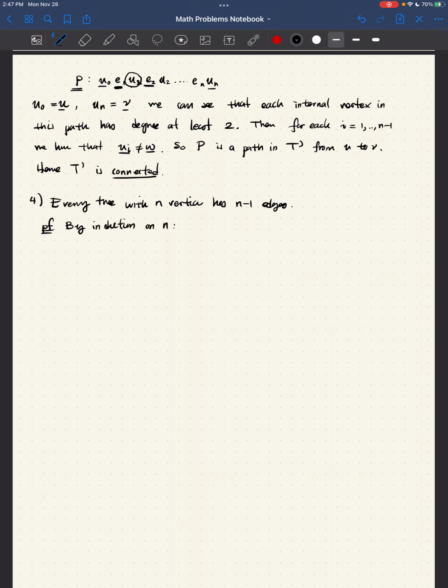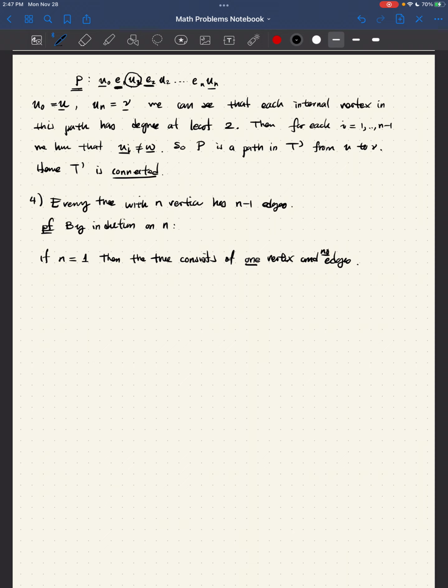So we'll go like this. If n is equal to 1, well, then the tree that we're considering is only one vertex, and no edges. We're done, right? One vertex, no edges.